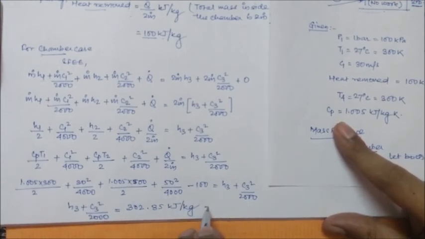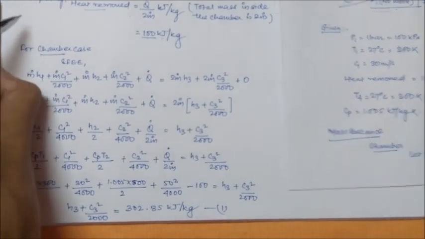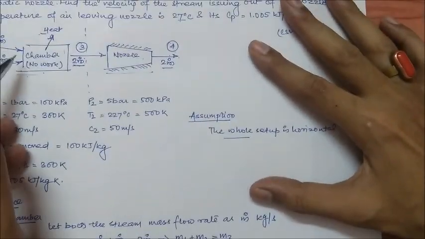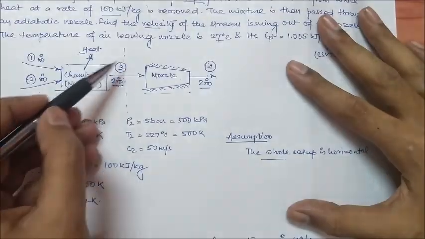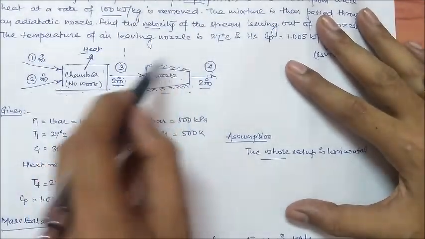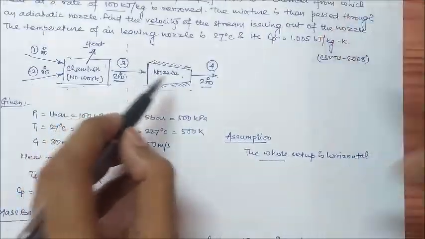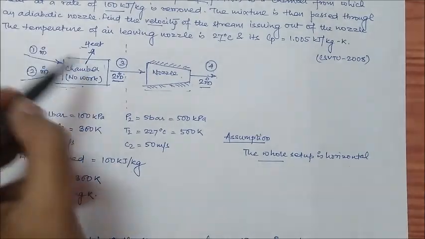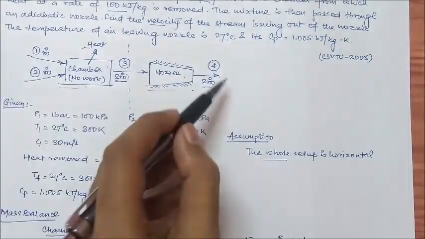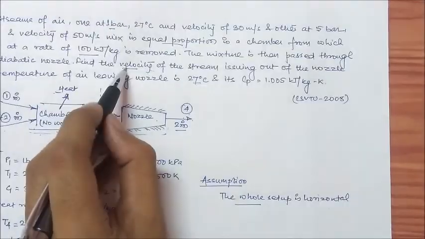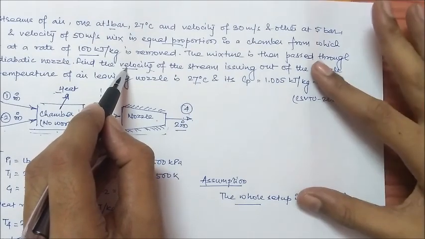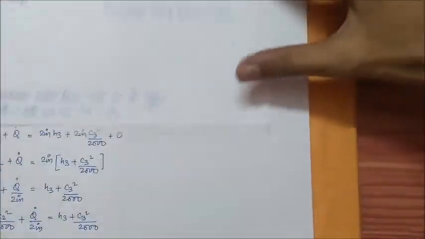Put this as equation 1. Now, as I said, we will find some relation between these, and then we will use this nozzle as our control volume, and we will use that relation between 1, 2, 3 and 4 to find out an unknown, which is a velocity here.